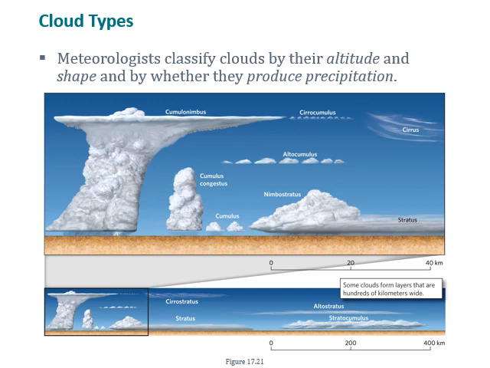Then there are nimbostratus, altocumulus, cirrocumulus, cirrus, and stratus. In addition, we have altostratus and stratocumulus. As you can tell from the figures, some of these clouds form layers that are hundreds of kilometers wide.